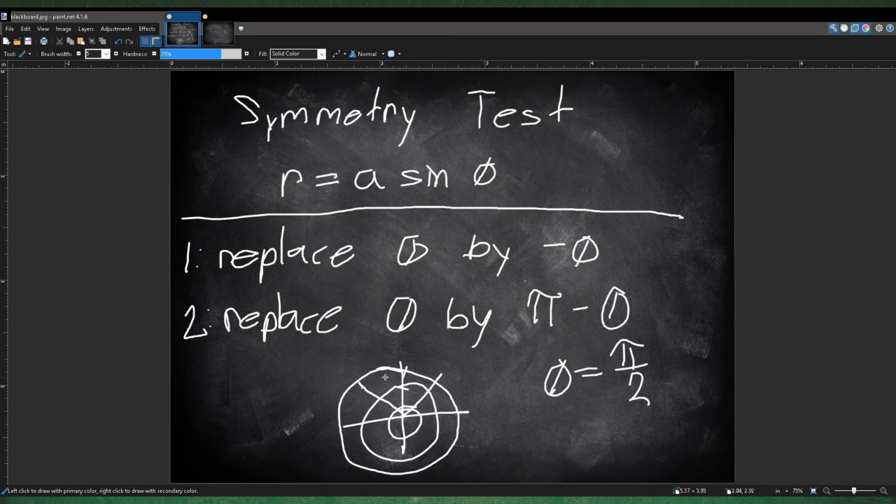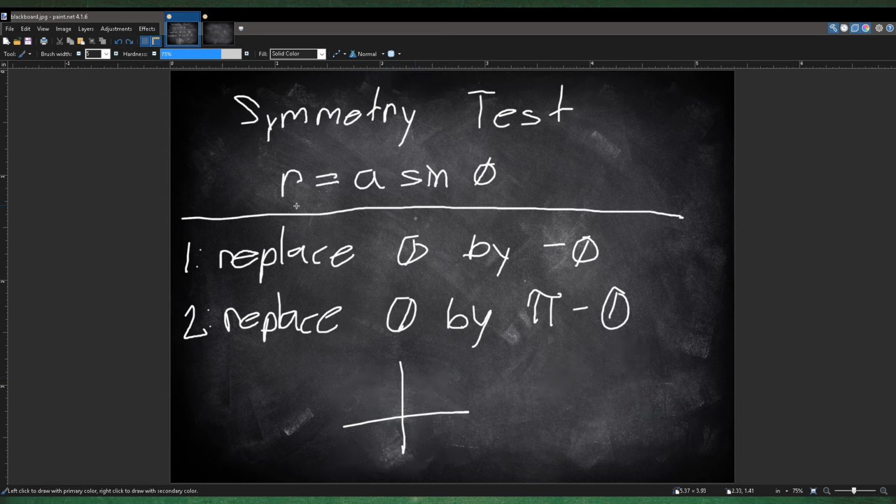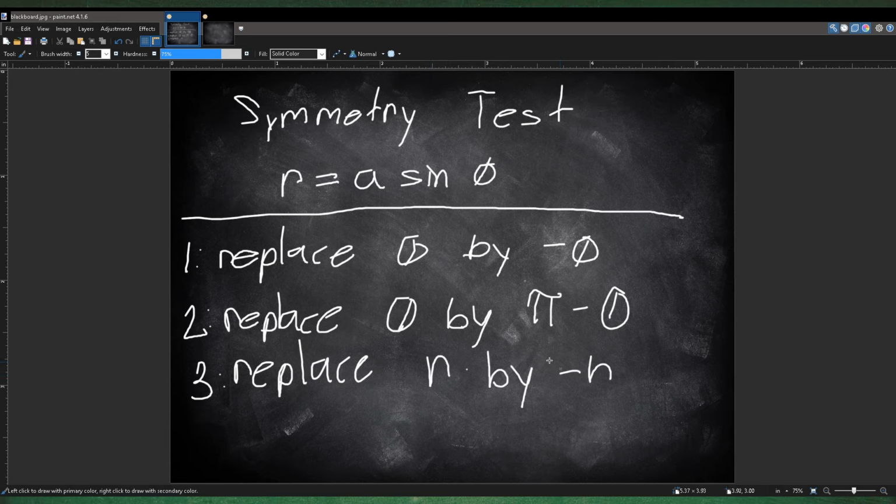That's why these are the symmetry tests. So this is what you're going to be doing. And the third would be if you replace r by negative r, or if you replace theta by pi plus theta.